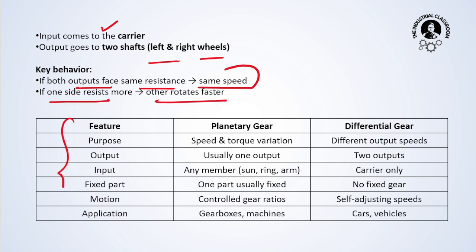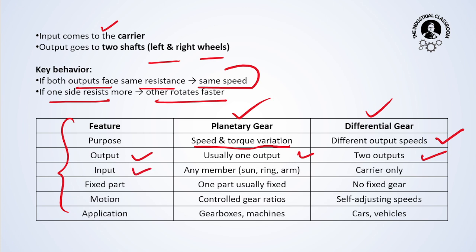Now let us see the difference between the planetary gear and the differential gear. See the purpose. The purpose of planetary gear is for speed and torque variation. But for differential gears, the purpose is different, to generate different output speeds. In case of planetary gear, there is usually one output, but in differential gear, we can see there are two outputs.